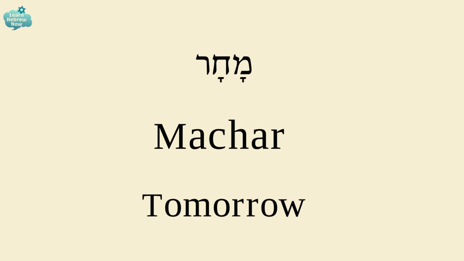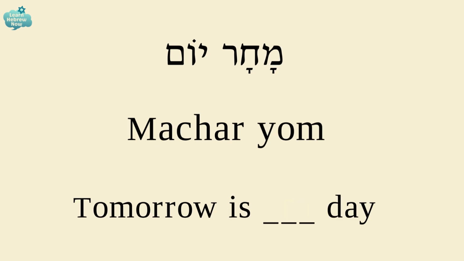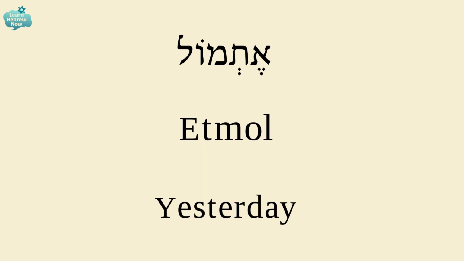The word for tomorrow is Machar. So if today is Tuesday and you want to say that tomorrow is Wednesday, you will say Machar Yom Revi'i. If you want to say what day was yesterday, the word for yesterday is Etmol.